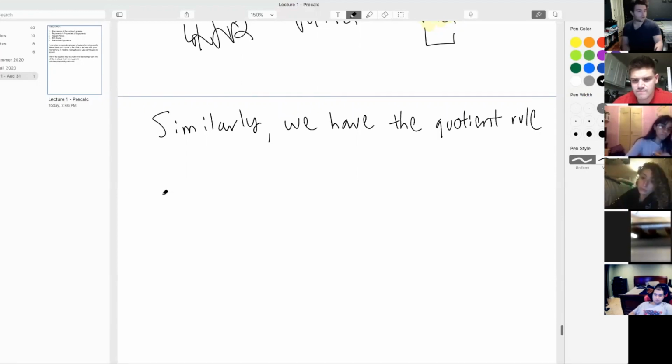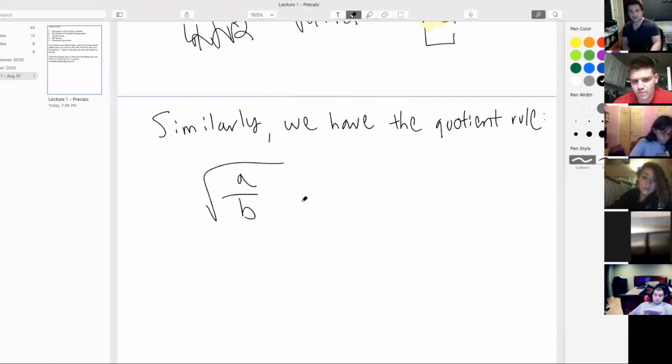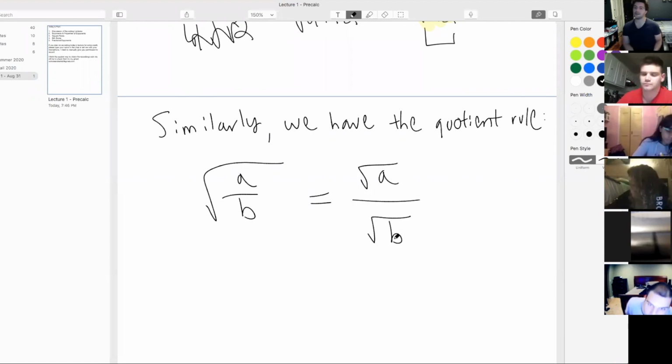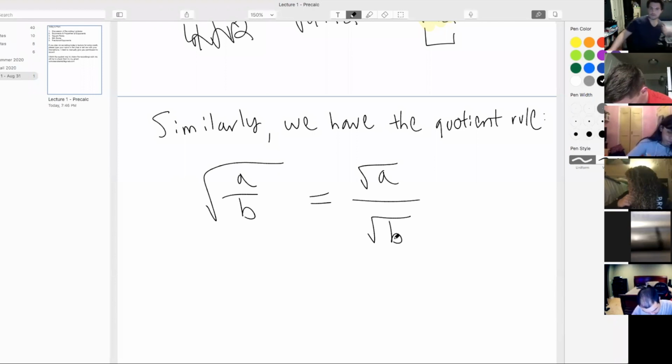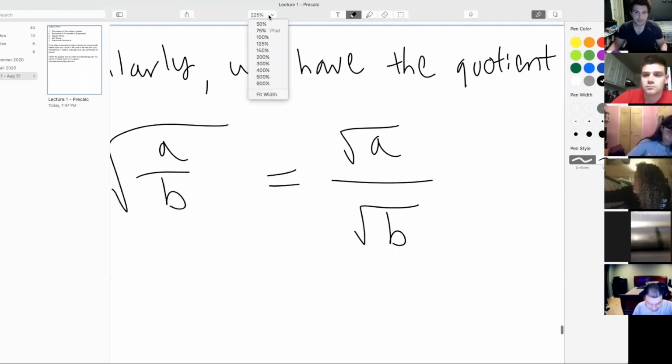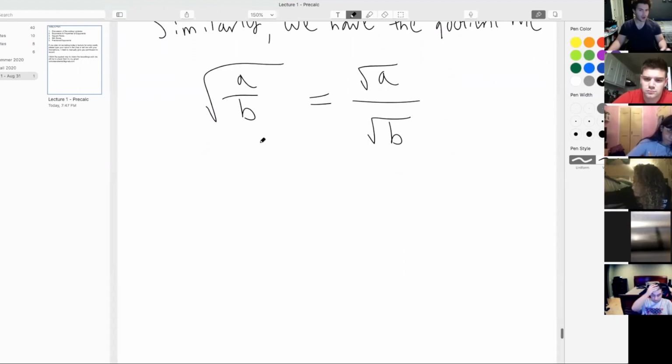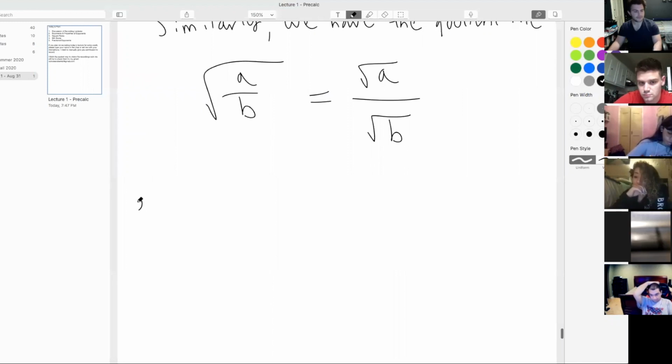This is just saying that the square root of a fraction, the square root of a quotient, is nothing other than the square root of A divided by the square root of B. You can see that these rules are very similar to our exponent rules, and there's a reason for that, actually, which we'll get to. So the square root of a fraction, you can just bring that square root into the top and bottom. Let's look at an example here.